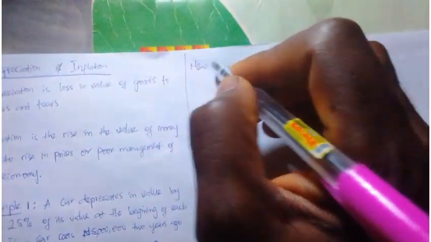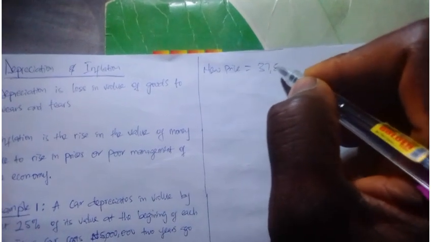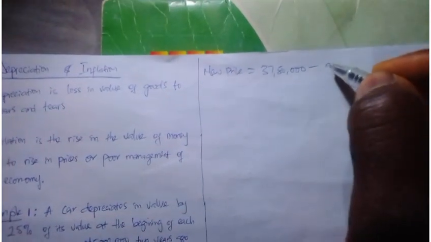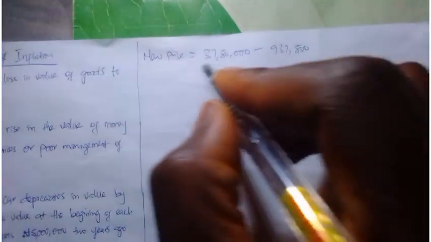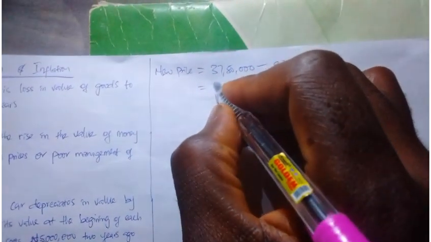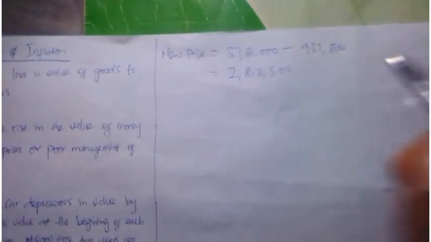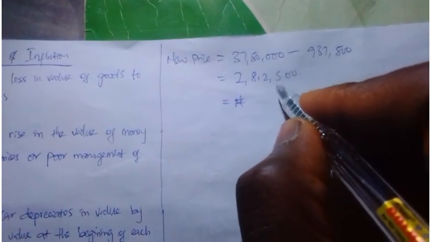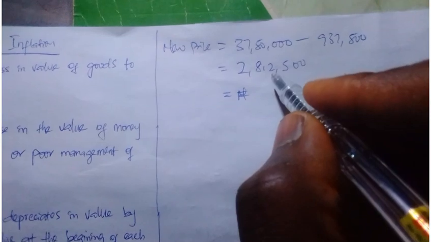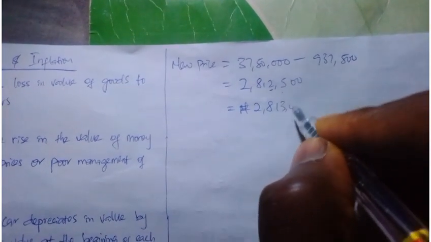On subtracting, I'm going to have my new price as 3,750,000 minus 937,500, leaving my answer to be 2,812,500 naira. Now to convert it to the nearest thousand, I should use my place value. So converting that becomes 2,813,000.